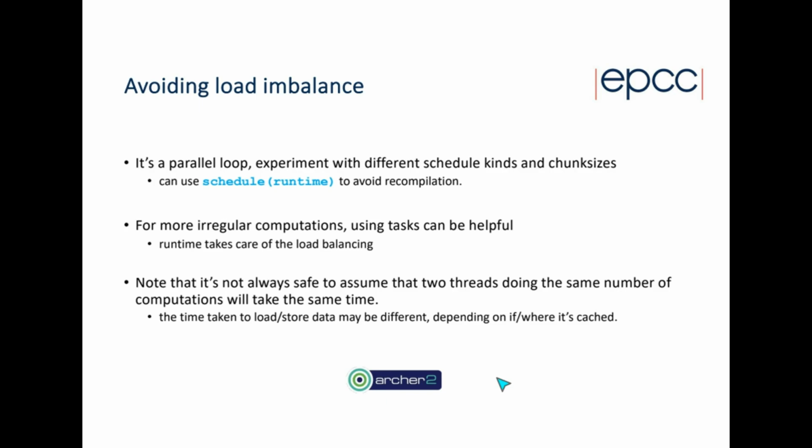Why not? Because the time taken to load or store the data may be different depending on if and where that data is cached. So if all the data is in the cache where one thread is executing, then that thread will execute that block of code faster than other threads.